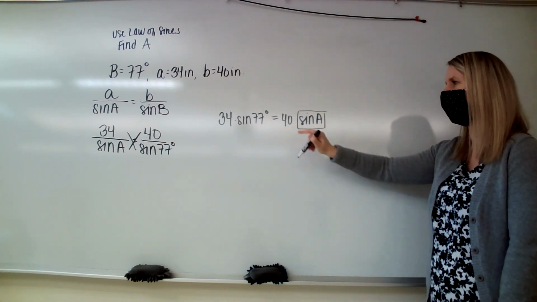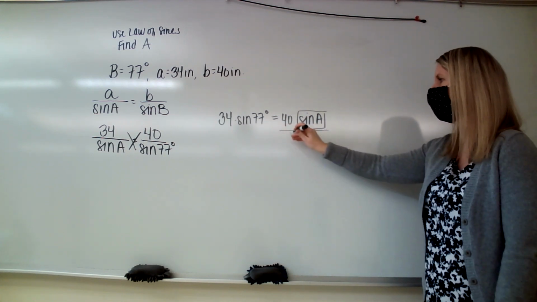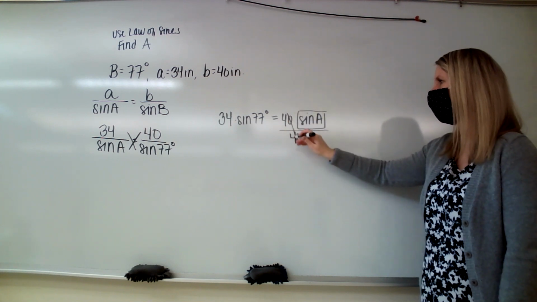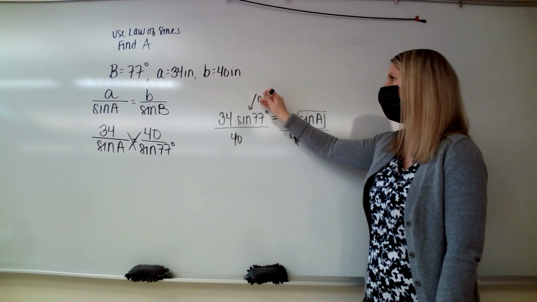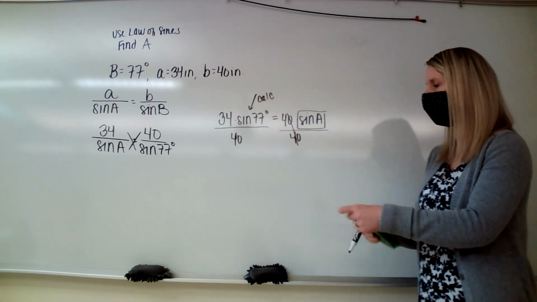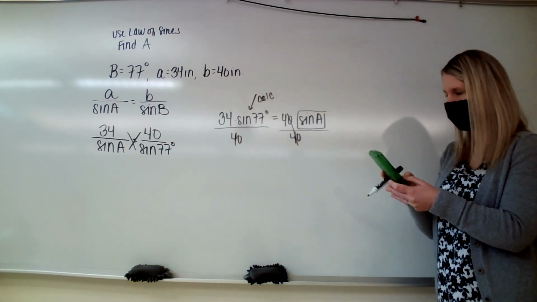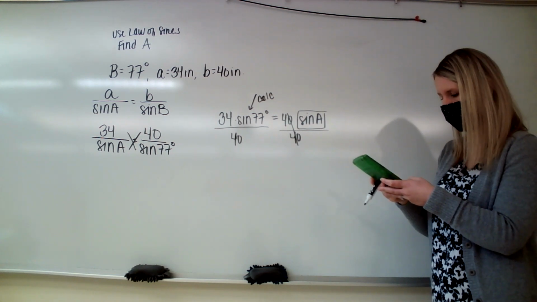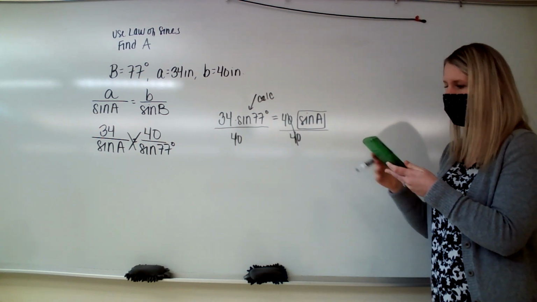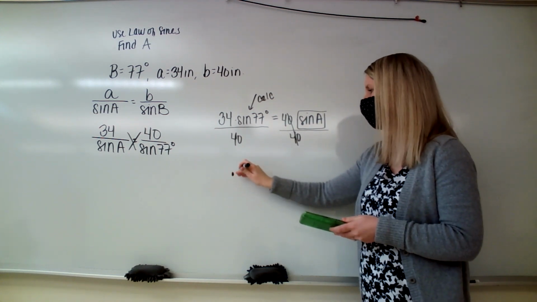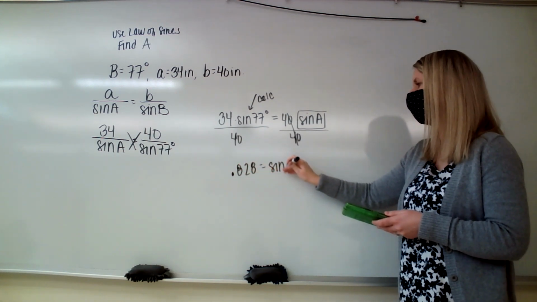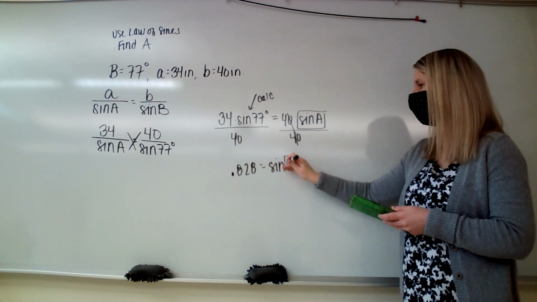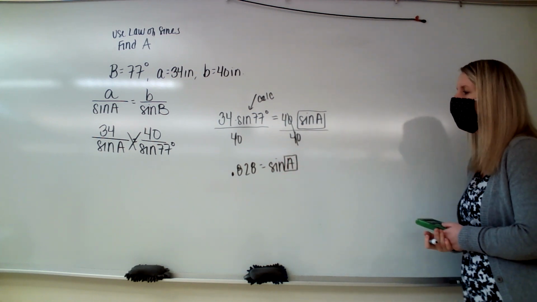So I always want to get rid of that number in front, and I'm going to do that by just dividing. Similar to what we were doing before. And at this point I have it kind of set up, so I'm going to throw that in my calculator. I have no clue what that comes out to, so I put it in. I get 0.828, so I'll go out 3 decimal places just to kind of equals sine A. And then once again, since I really just want A, I don't want what sine A is.